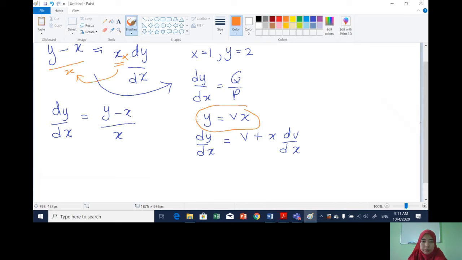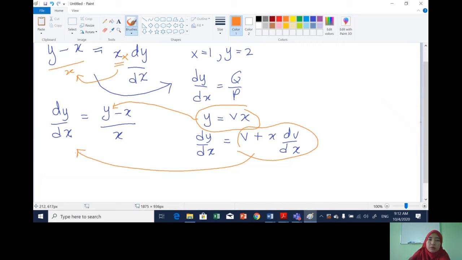We have to substitute for y, so y must be in terms of vx. So replacing, we have the left hand side as v plus x dv dx, and the right hand side as vx minus x over x.